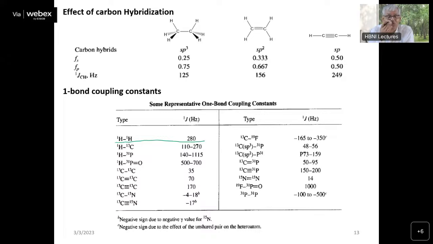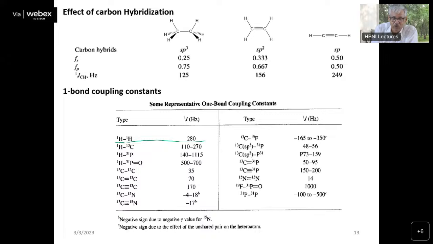I already told you, if you have the same resonance frequency, the couplings are present, but we don't see them. But how to find out? You have to do it in an indirect way. The coupling constant in the hydrogen molecule has been found to be very large, 280 hertz. But if you record, you will not get 280 hertz. You will get only a single line because both the hydrogens are equivalent.